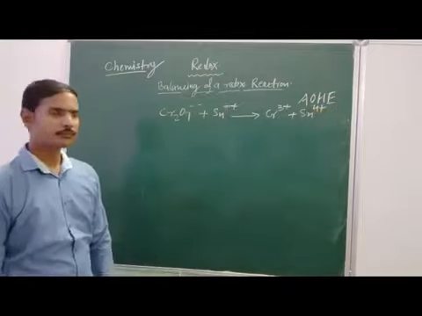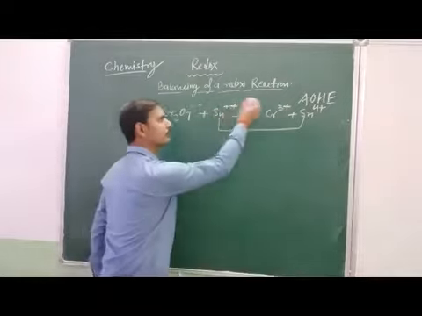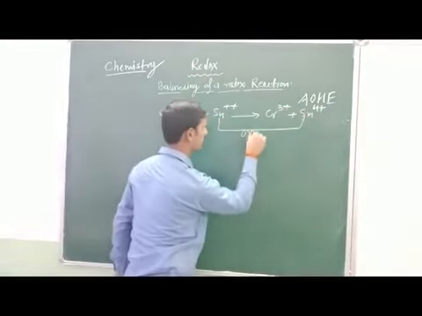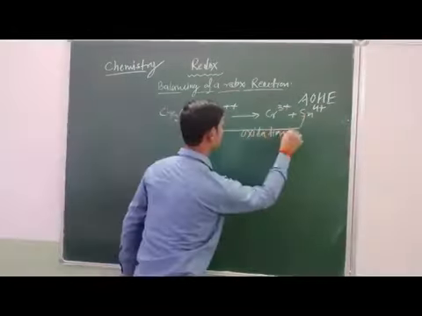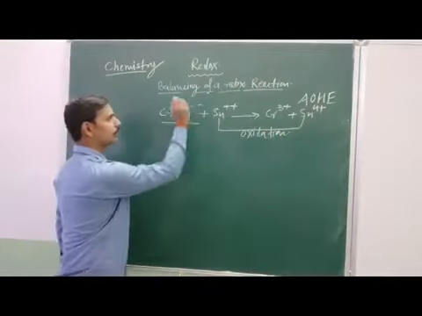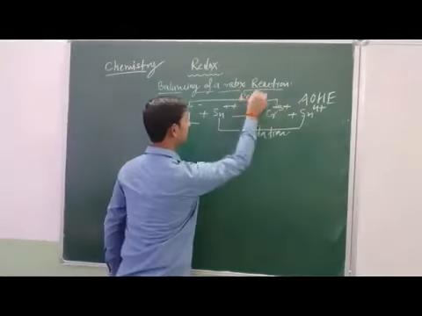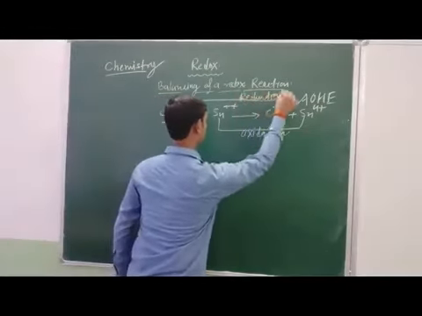This is the reaction. Here Sn2+ goes to Sn4+, which is oxidation, so this is the oxidation half reaction. And here Cr2O7 2- goes to Cr3+, that means a reduction process.